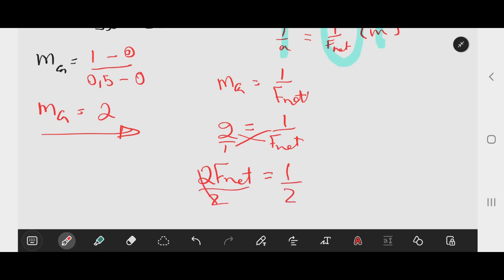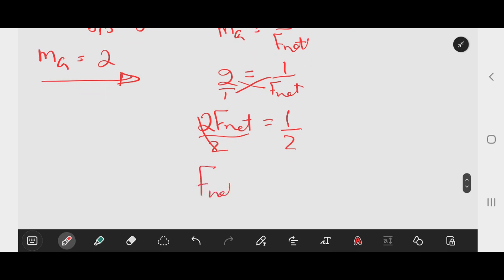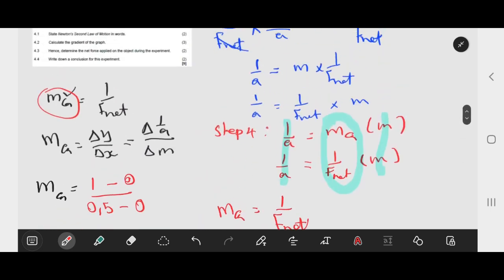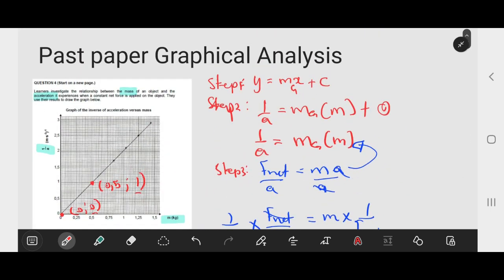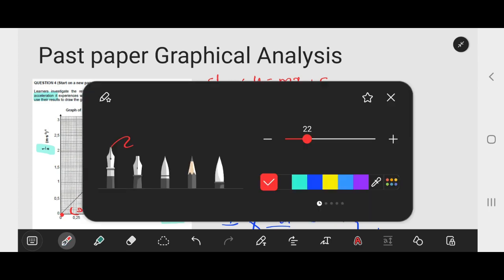Then we have our net force being equal to 0.5 newtons. So that is how we obtain our net force using graphical analysis. We haven't answered any questions yet, but we were just doing our graphical analysis for this graph. So let us look at the questions now.